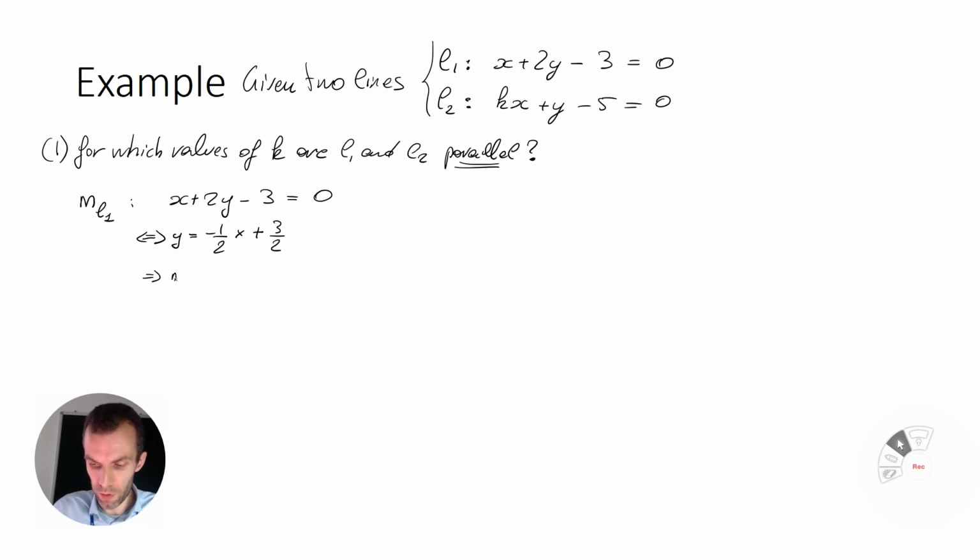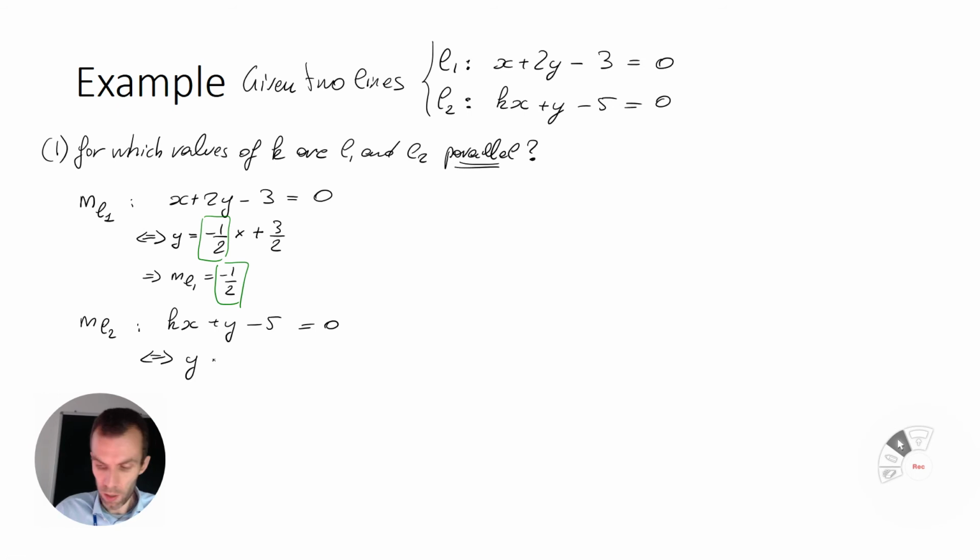So from that it follows that the slope of line 1 is minus 1/2. And then likewise the slope of line 2: we have k times x plus y minus 5 is equal to 0. And if you make that into y is equal to something, you get y is minus k x plus 5. So the slope of line 2 is equal to minus k.